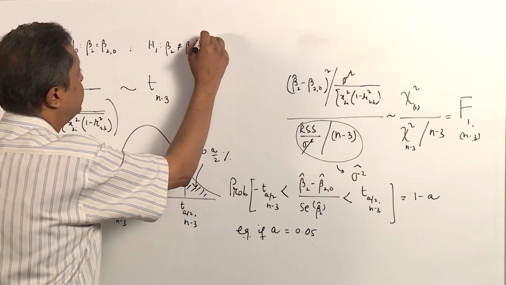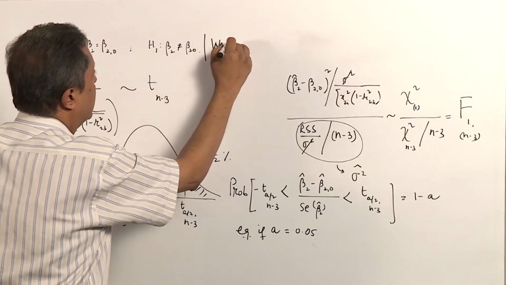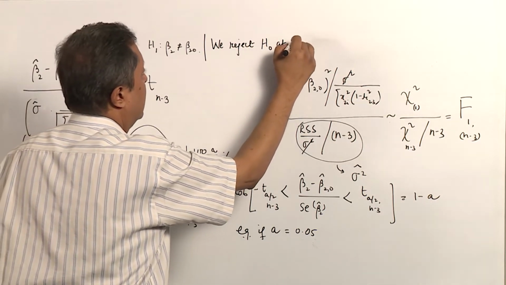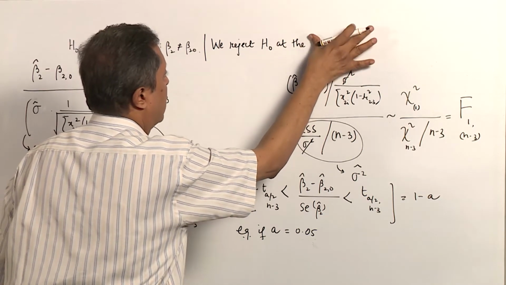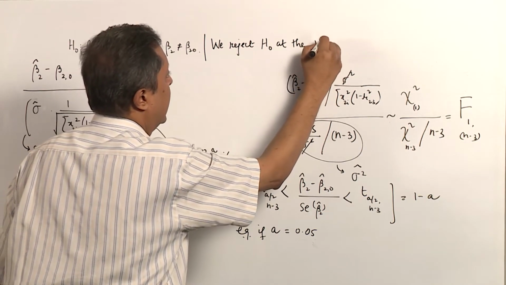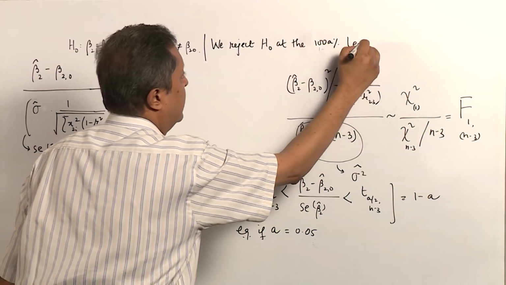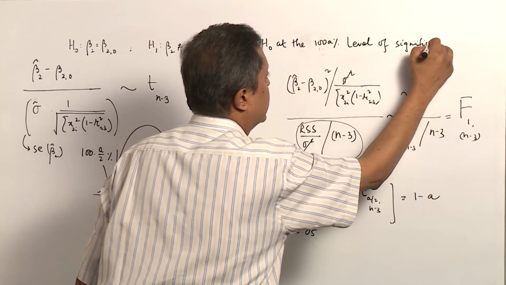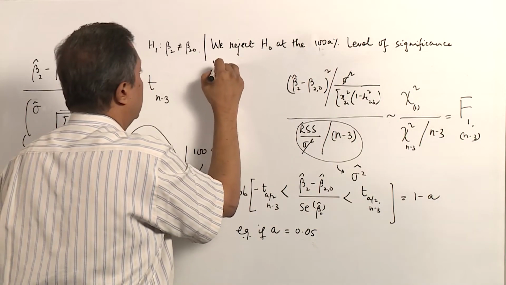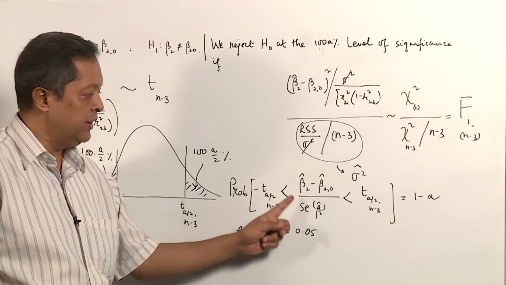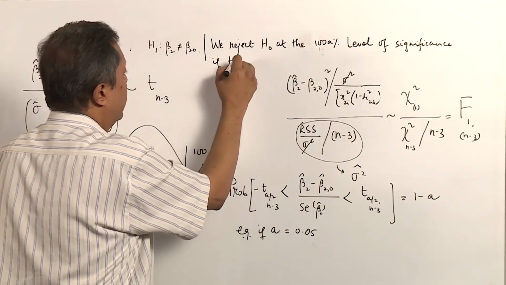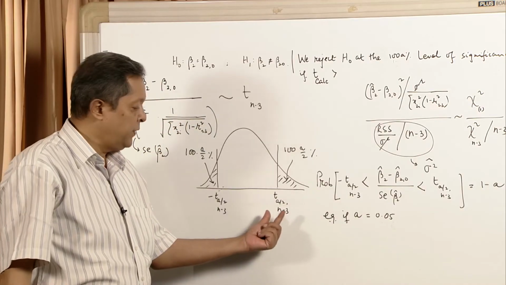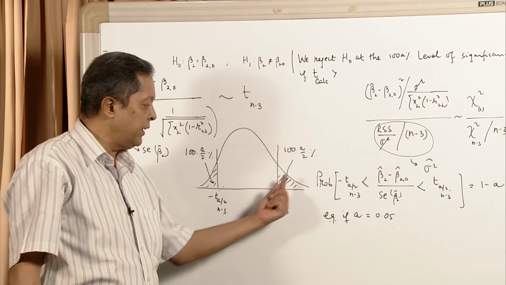So, what is the rule? The rule is we reject H naught at the 100 into a percent level of significance if the calculated value of this t, this is a t statistic, if the calculated value of t exceeds modulus of t a by 2 n minus 3, that means if it is either greater than this or less than this.